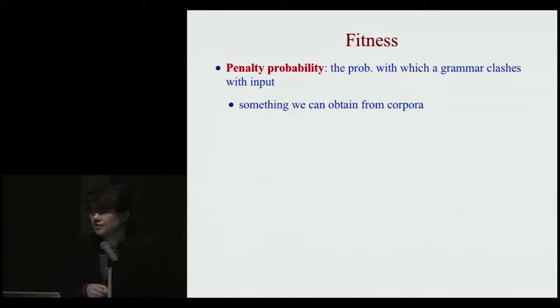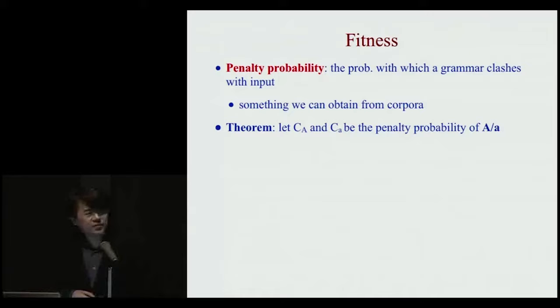Okay, so let's say the learner is juggling between the V2 grammar and SVO grammar. And if you're trying to see how those two grammars fare in an SVO environment, you simply count the percentage of sentences that will be consistent with one and inconsistent with the other. You get two numbers. That's between 0 and 1. Okay, so let's say these numbers are C of big A and C of small a.